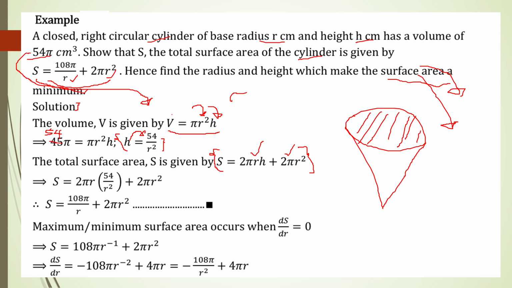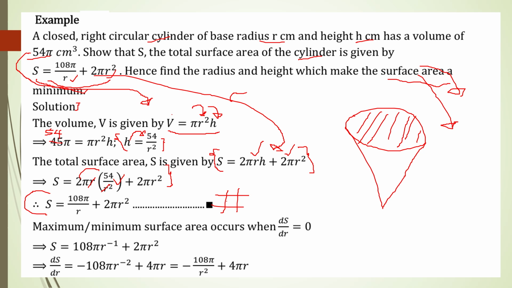Now since in the proof that you are showing there is no h, we substitute for h. So simply get the h value that you got as 54 divided by r squared, and then you put it in the formula. Then the next thing is going to be simplifying. So 2 times 54, you're going to end up with 108. 1r goes away with 1r, and then we end up with the required proof. So we have already shown that the surface area is given by this.